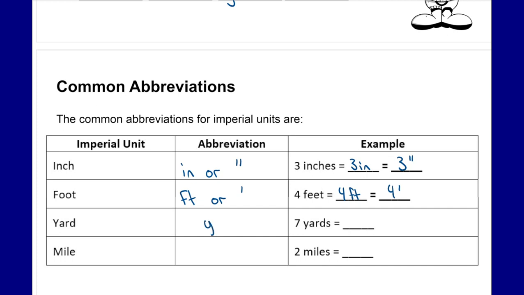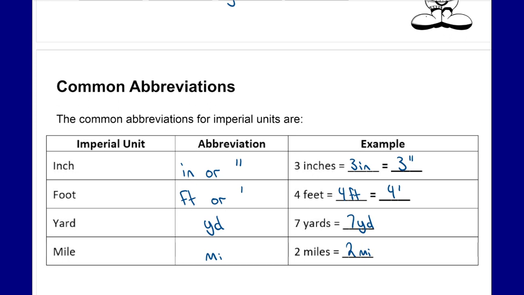For yards, the abbreviation is yd, so 7 yards would be 7 yd. And for miles, you might think, well, miles is m. However, we usually use mi for miles, only because we don't want to get it confused with meters. And meters is commonly used with m. So again, just the different abbreviations, I'd say the key ones are the inches and feet, right?